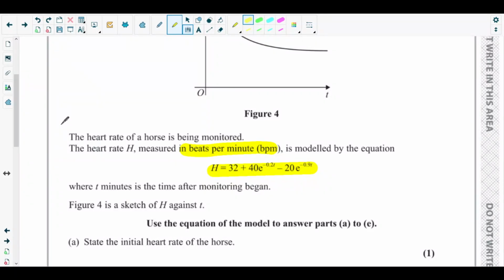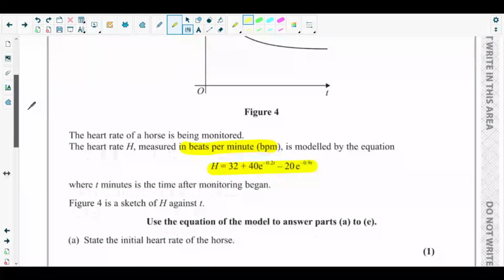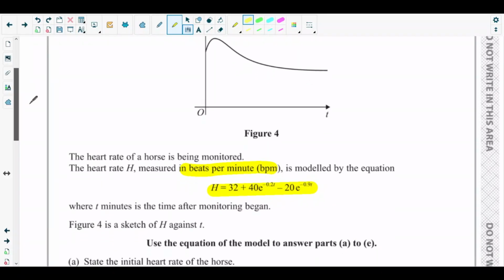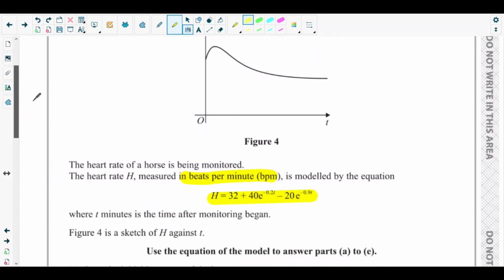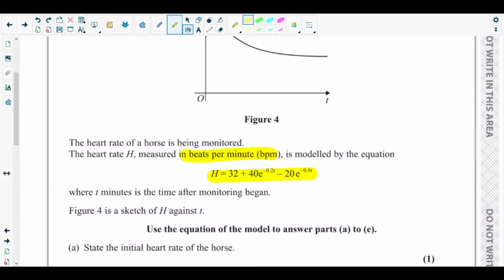Figure 4 is a sketch of H against t. Use the equation of the model to answer parts A to E. So this is the scenario of question number 8.